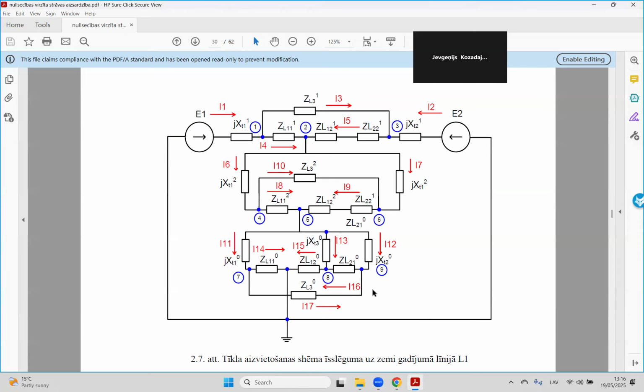Here in your example, there are systems, not generators. For systems, we very often ignore system impedance because we call it a system with infinite power. If we have infinite power, we don't have impedance. But if you have a generator, you have an impedance of the generator. And negative sequence generator impedance is different from the positive sequence. So in the negative sequence, we don't have electromotive force of the generator, but we have the impedance of the generator.